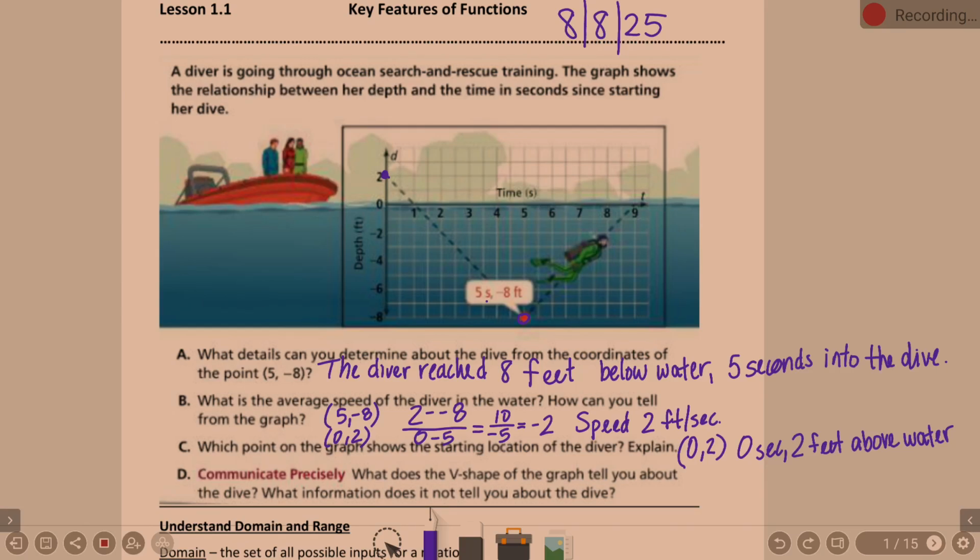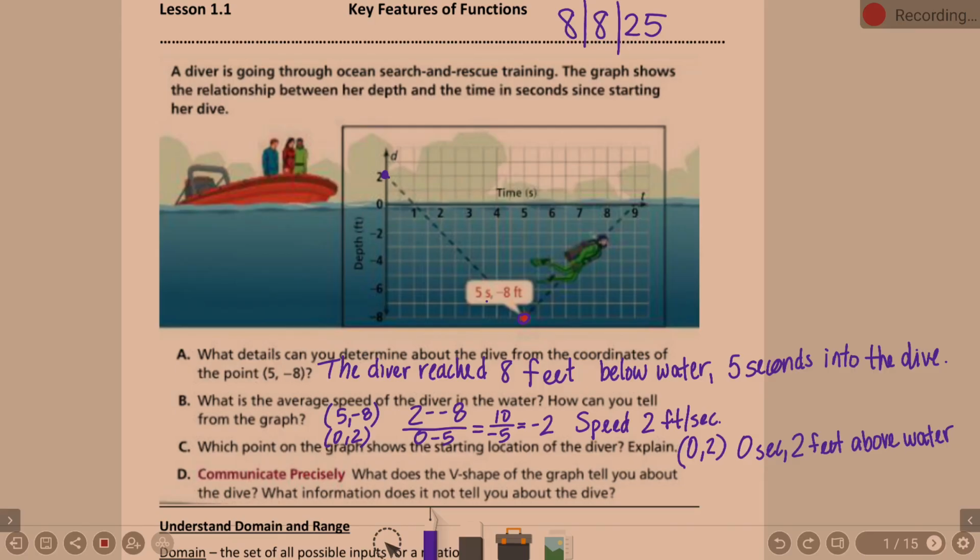I'm trying to remember what all I had written down here. Generally, the V shape, the diver dove down, swam back up. What we don't know is the exact path. Did the diver ever swim horizontally? That would be a big key to think about.